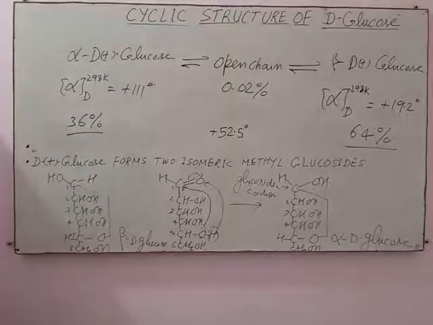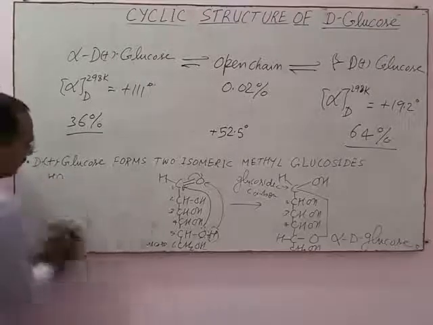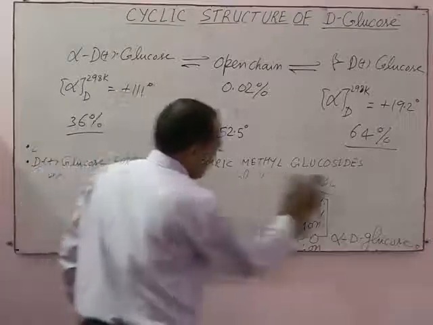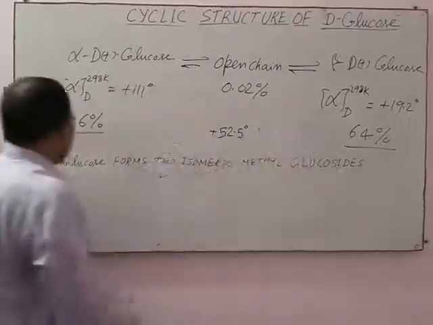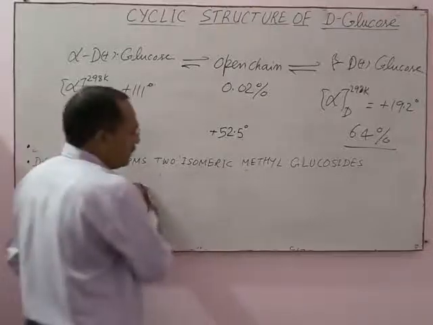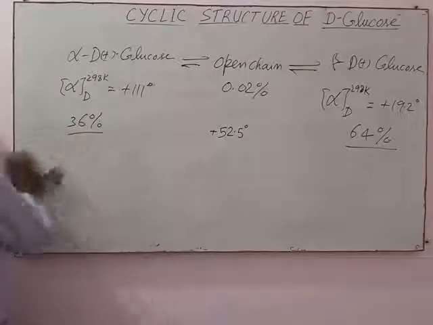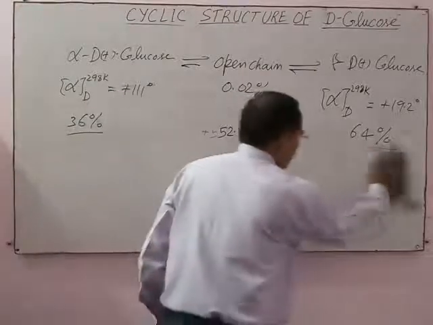Now the next limitation of open chain structure. D plus glucose forms two isomeric methyl glucosides. What are glucosides?